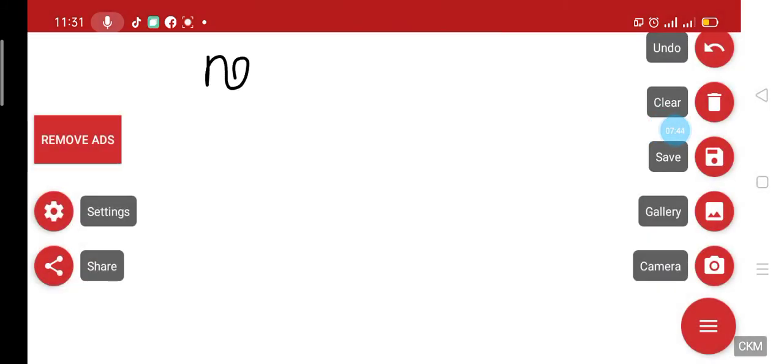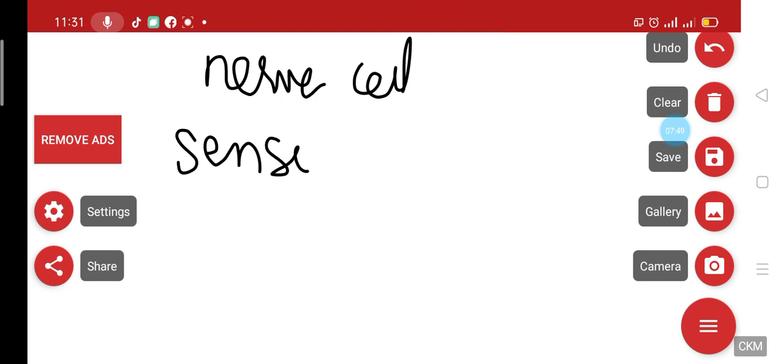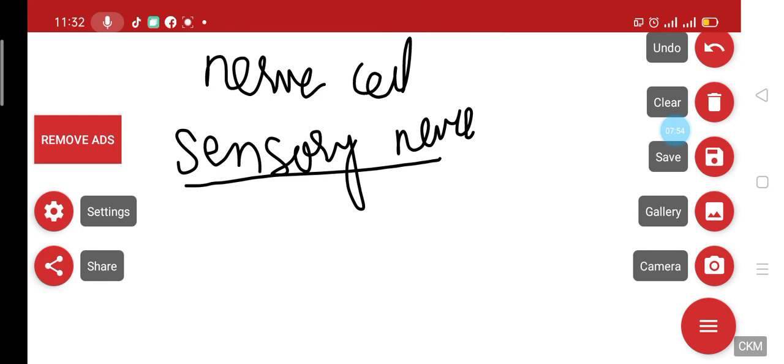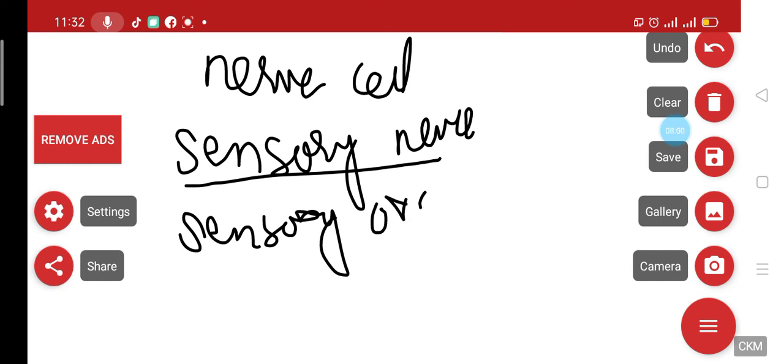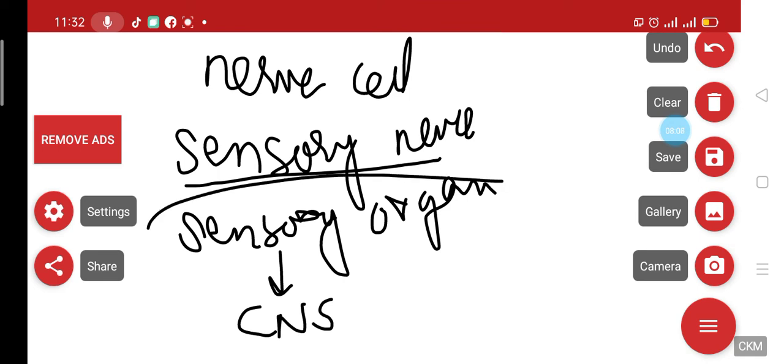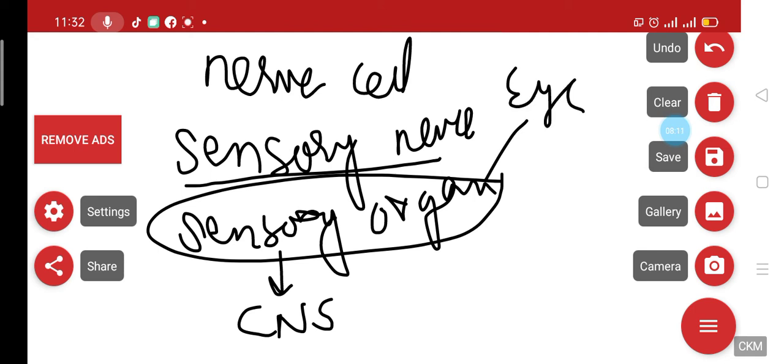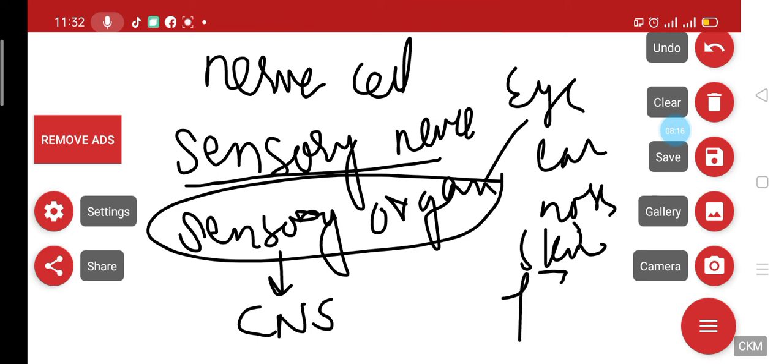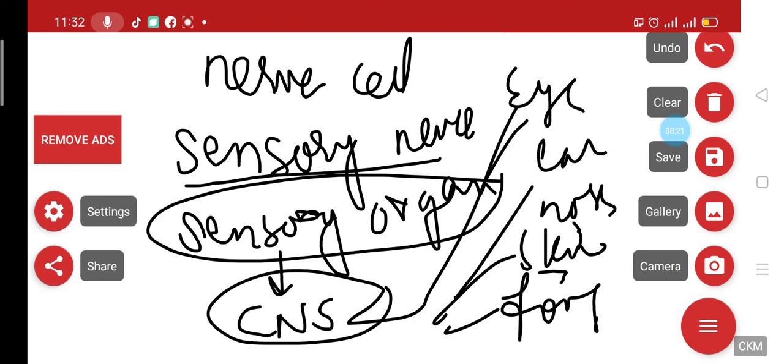Basically, students, the nerve cell is of three types. The first is the sensory nerve cell. The sensory nerve cells carry the message from the sensory organs, like the eye, ear, nose, skin, and tongue, and send it to the central nervous system, like the brain or the spinal cord.